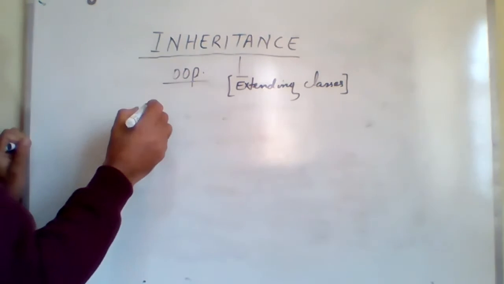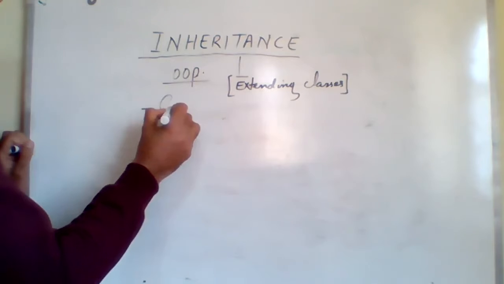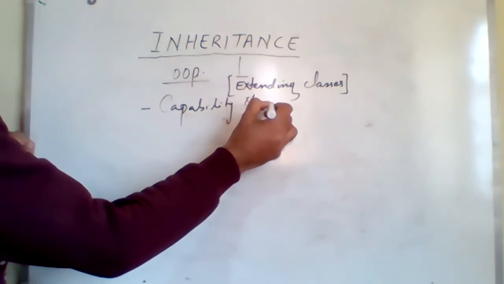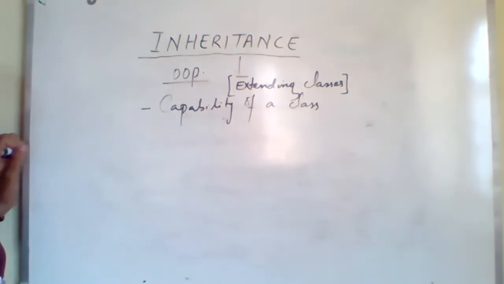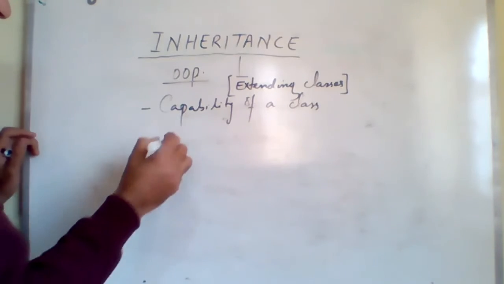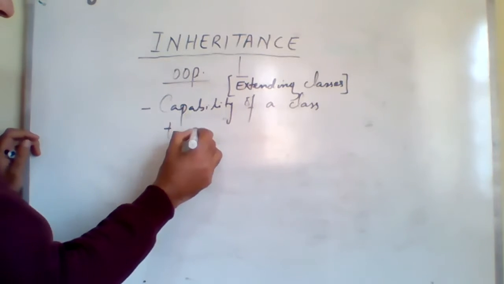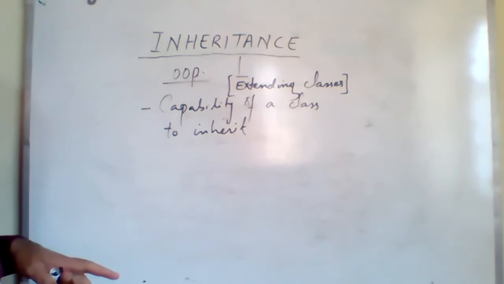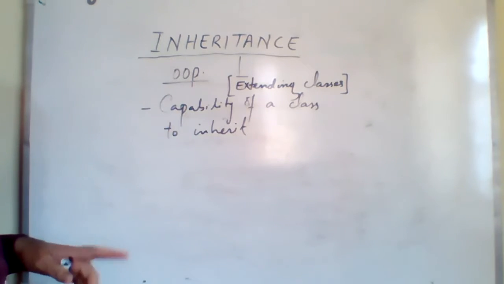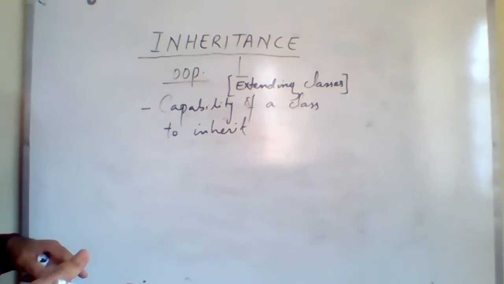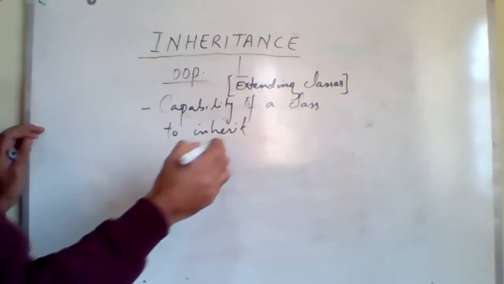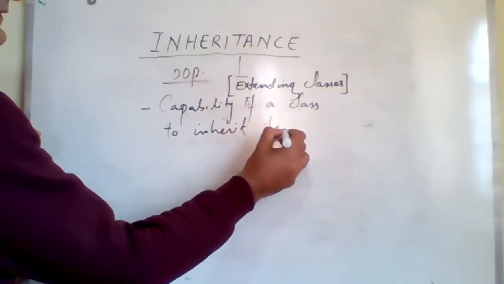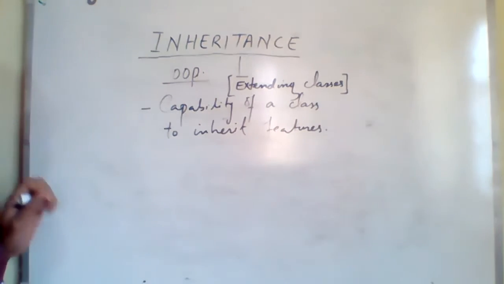So we can say that it is a capability of a class to inherit, like humans inherit from their parents, and our parents inherit from their parents. So the chain goes on. When a class is capable of inheriting the features, what can be the features?